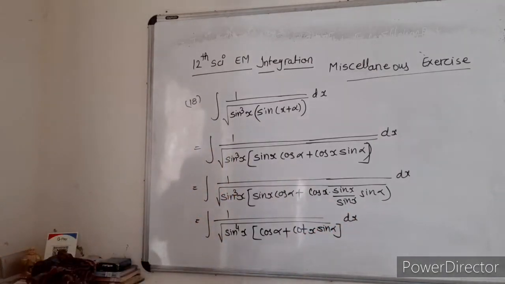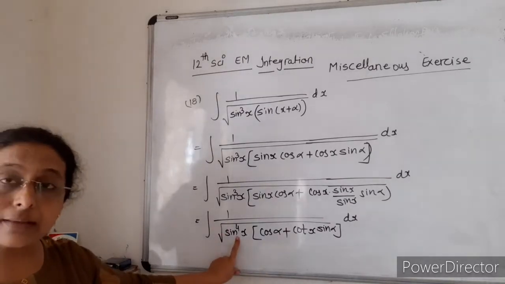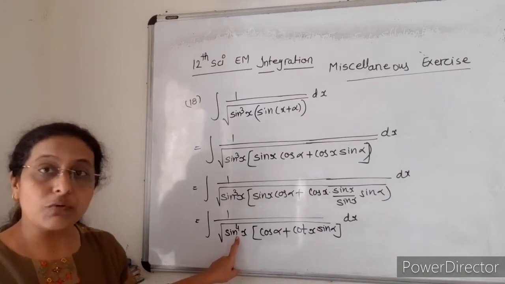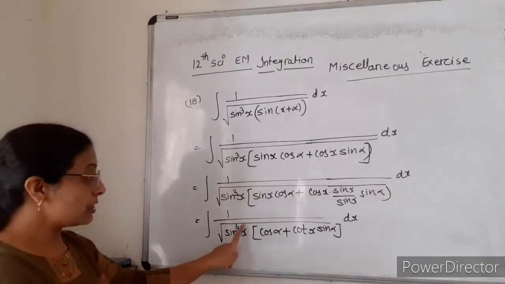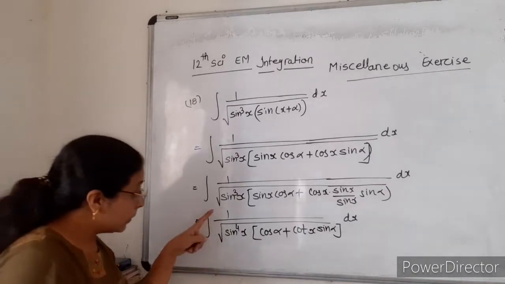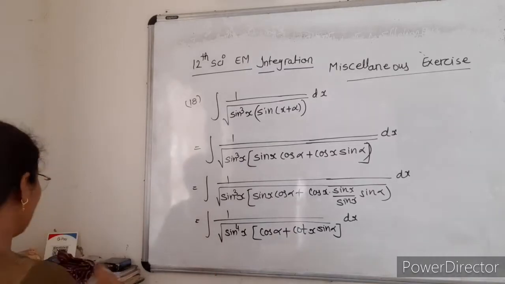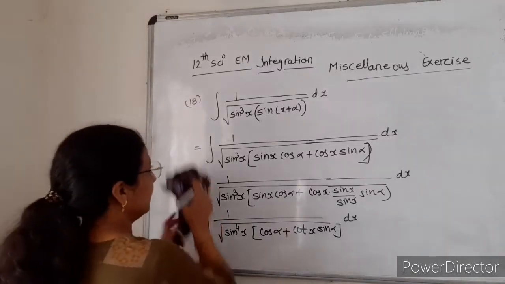Yes or no? Yes. Now what I should do, that you take this from the outside, that is from the square root. So what happened, it is sine raised to 4 will be sine square x, and 1 upon sine square x will become cosec square x, right? So now I can write it directly.